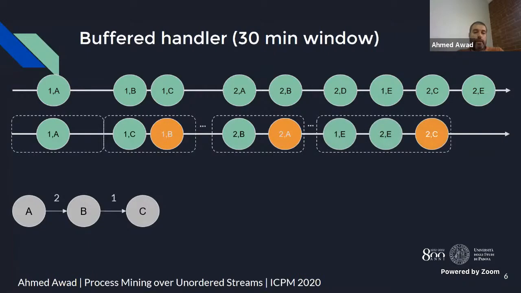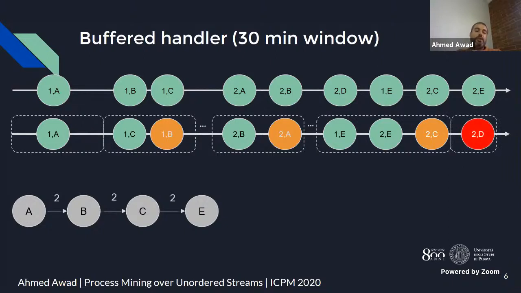In this window, again, C arrives out of order, and for case 2, C is now the most recent event received. By the end of each window, when we compute and send the update of the directly follows graph, we immediately get rid of the context for the respective case. So when D arrives in the next window, it arrives too late.